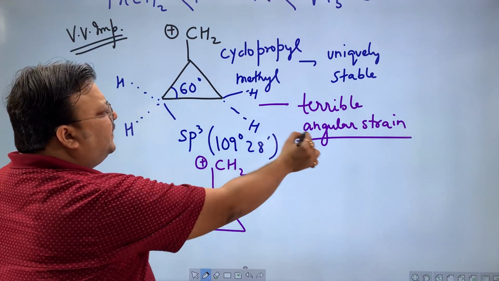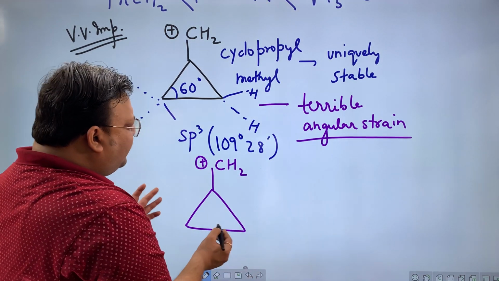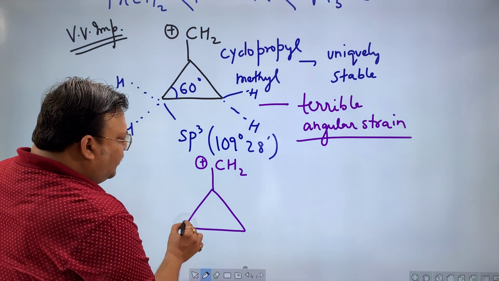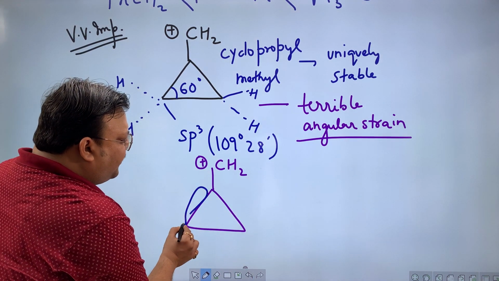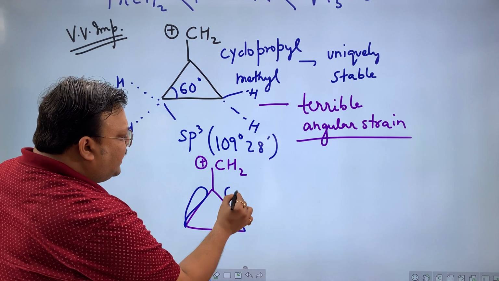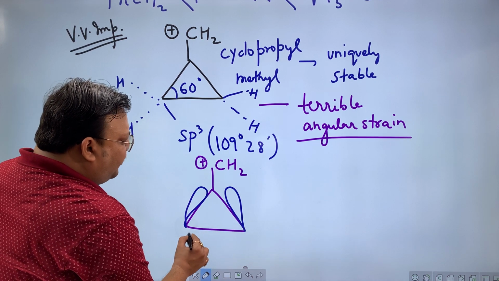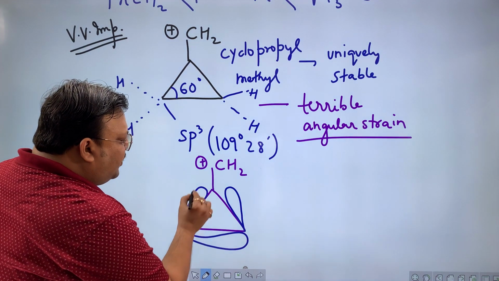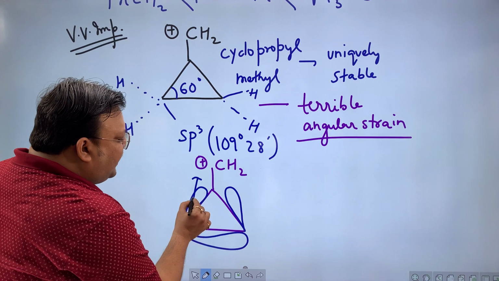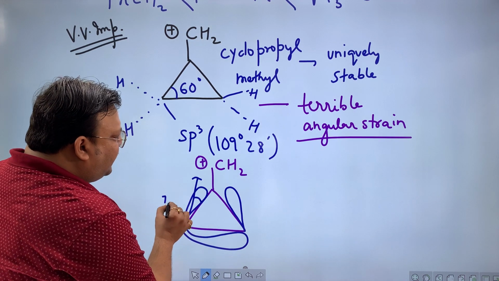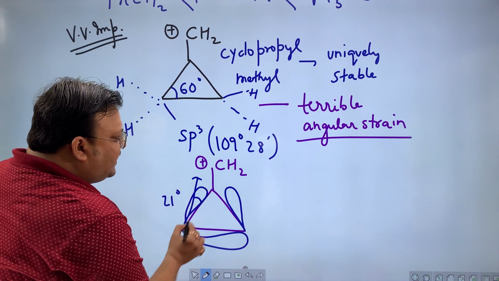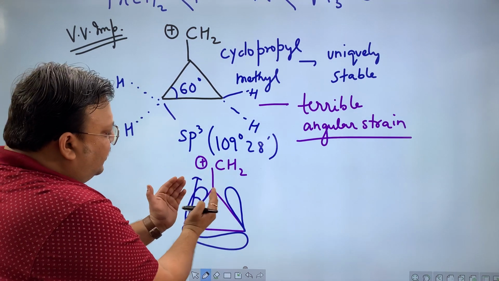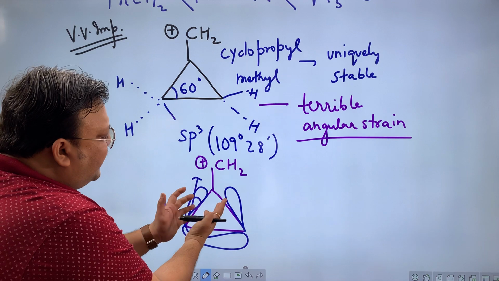Because of the terrible angular strain, here the bonds are found to be of this kind. They are like bent bonds. The electron density makes an angle of 21 degrees with respect to a straight line drawn this way. Means they are bent, they are inflated. It's like an envelope.